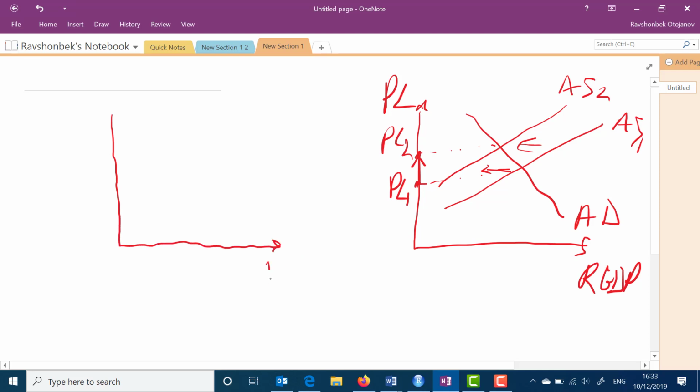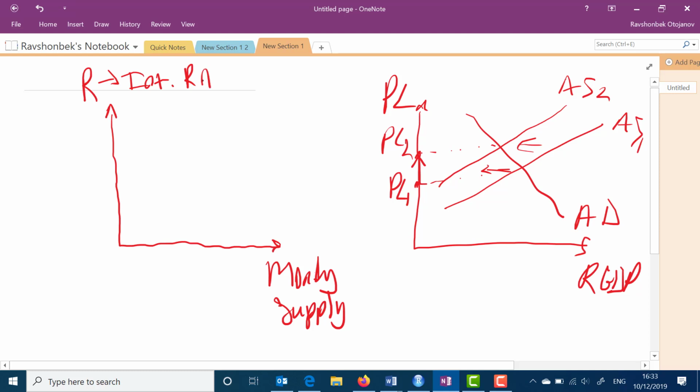So this is now money supply or quantity of money against interest rate as before. Now remember, we didn't see any change in money supply, but demand.